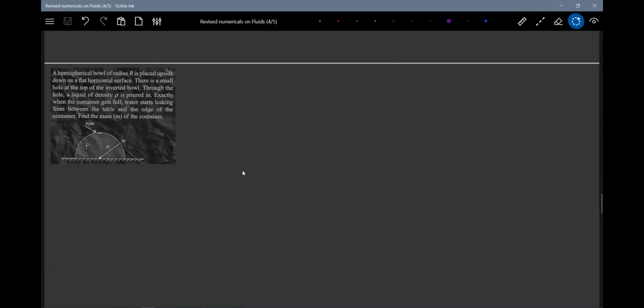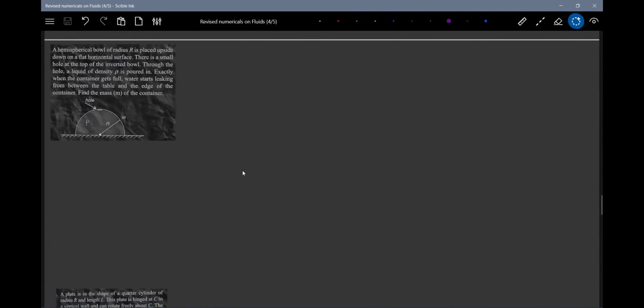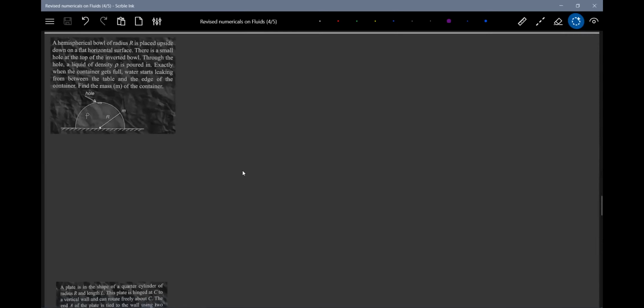Let me go for this one. So some good problems are there. This one, very simple problem. I'll come to that later on. First, let me finish off this some very good fundamental one.